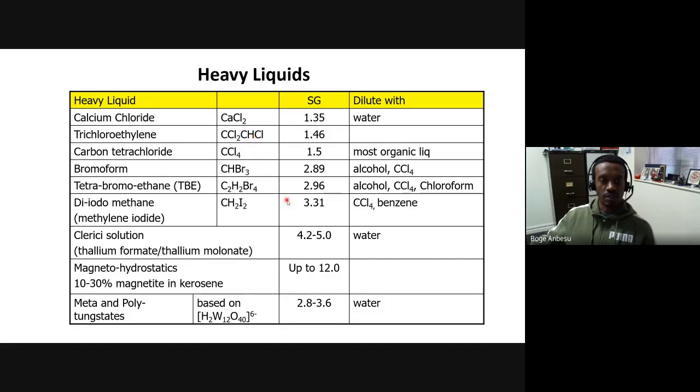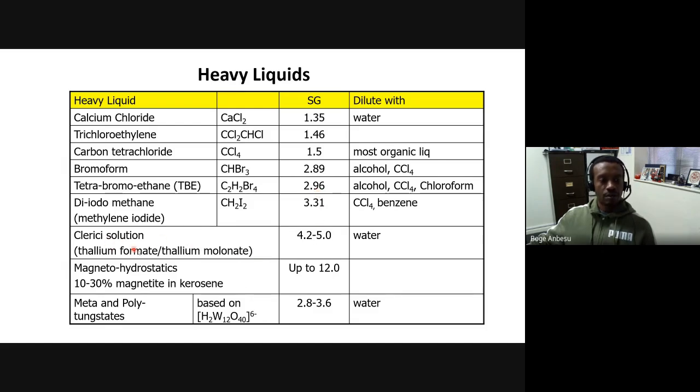With this kind of liquids, you could probably produce a media that's significantly denser than water, and therefore they could be used as a media. And typically we mix these with some kind of alcohol to make the solution, and that media is used as a media for gravity separation.